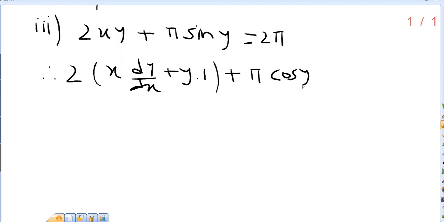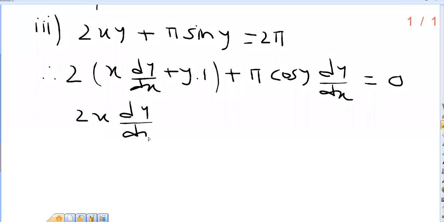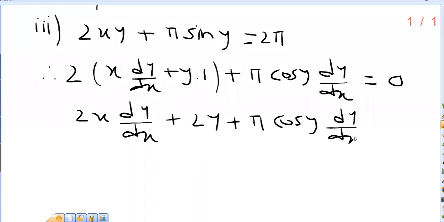Not only cos y, multiplied by dy dx. And what is derivative of right hand side? It is nothing but 0. Now rearrange the terms and tell me what is dy dx. So this is 2x dy dx plus 2y plus pi cos y dy dx is nothing but 0.